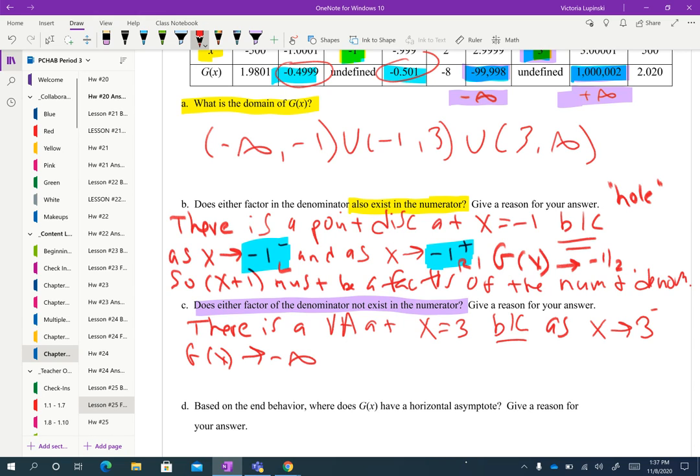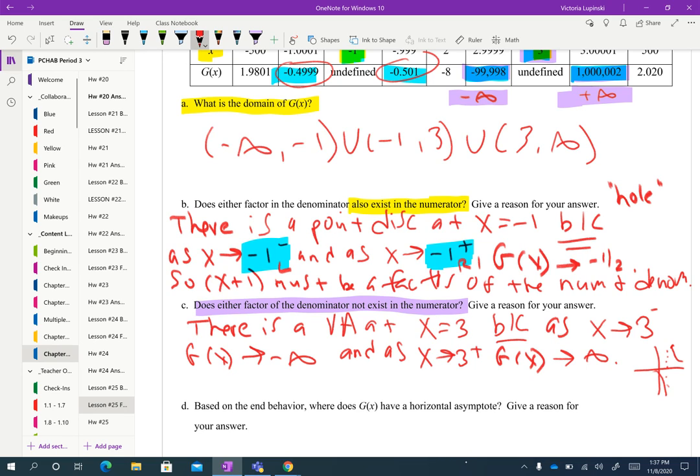And as x goes to 3 from the right side, or from the positive side, then the function is going to positive infinity. The only way that one side can go all the way up and the other side can go all the way down is if here at 3, on the right side, you're getting bigger and bigger and bigger. On the left side, you're getting smaller.